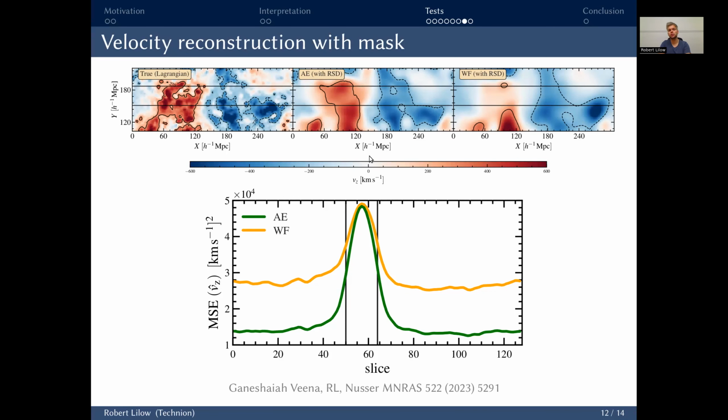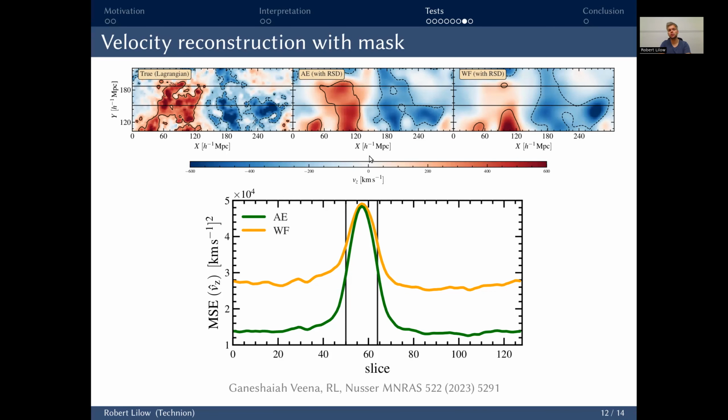Just in the very center of the mask, they become similar. And here the reason is that the correlation length in the velocity field is much larger. So you actually have information about the velocity propagating further into the mask, and the autoencoder correctly captures this information, as you would hope.